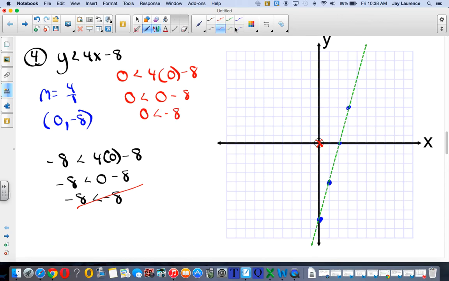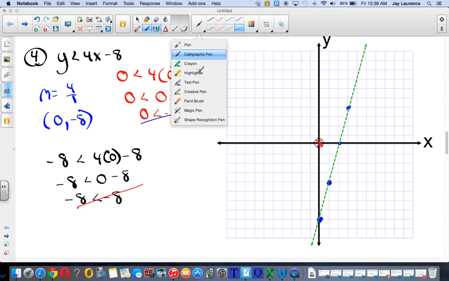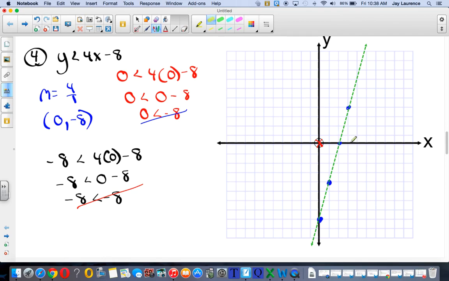Is that true? It is not true. So I won't shade where the test point is. I'll shade the other side of the line. So I'm going to shade over here. There you go.